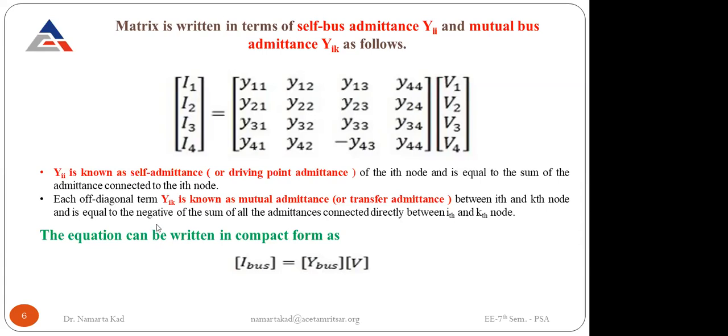So this comes out to be the negative term. So in general, this matrix formation can be written as I bus is equal to Y bus into V bus, in compact form.